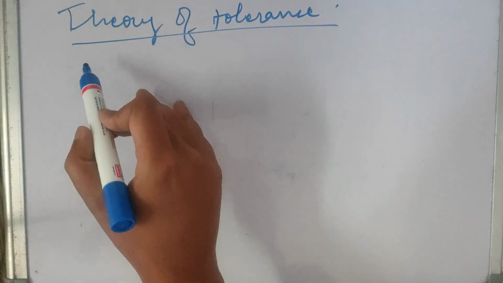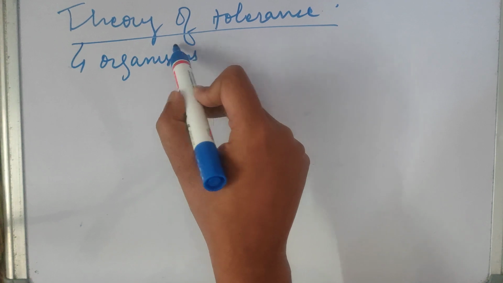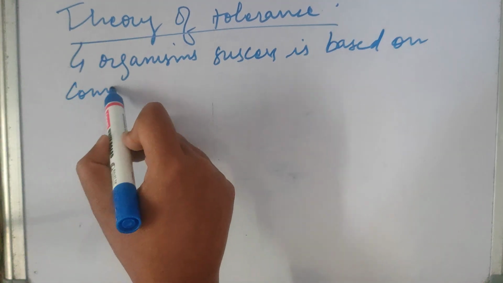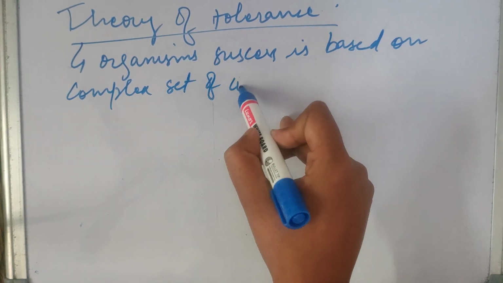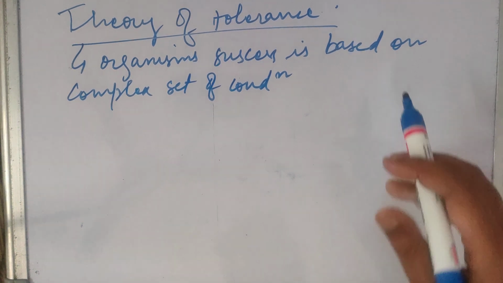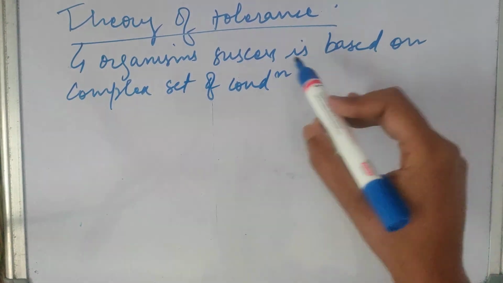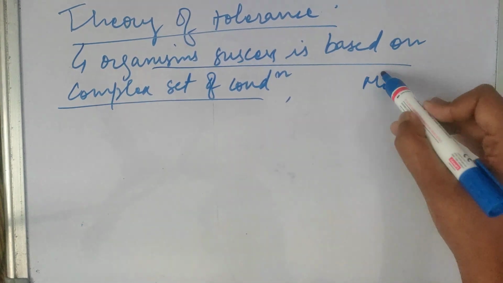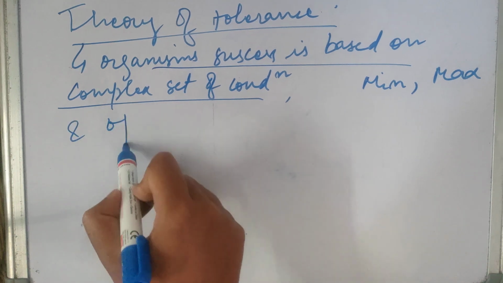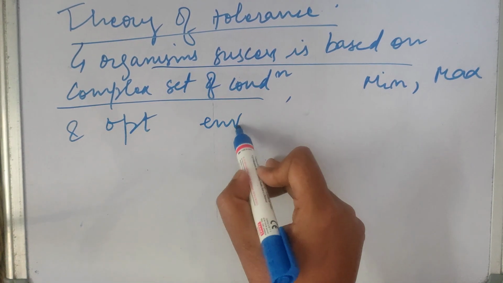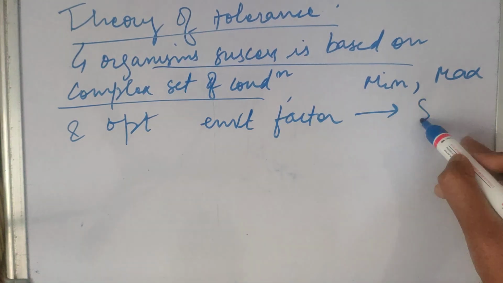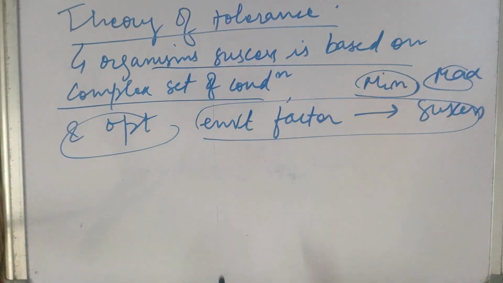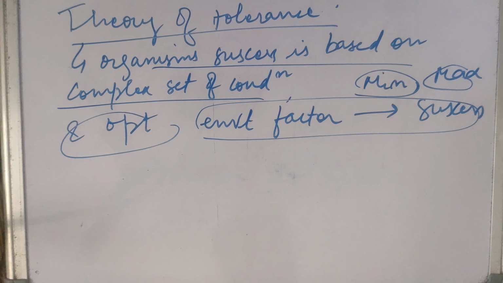It states that an organism's success is based on a complex set of conditions, and each organism has a certain minimum, maximum and optimum environmental factor that determines its success, its stability towards an environment. This is what theory of tolerance is.